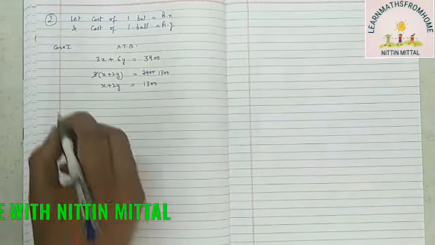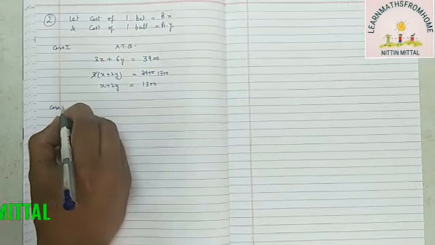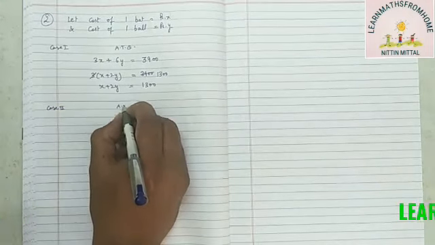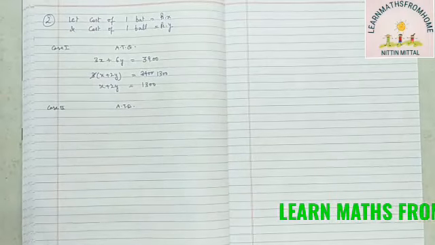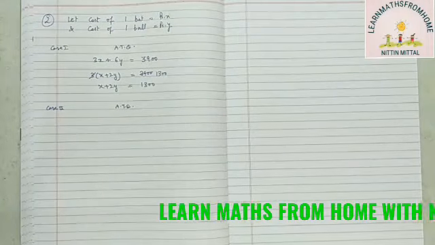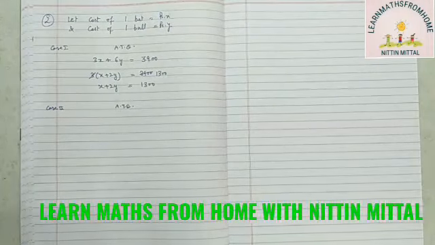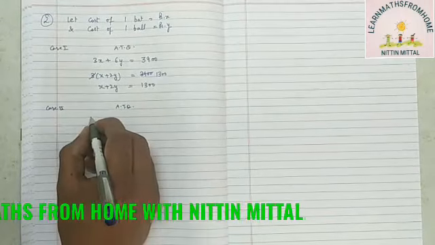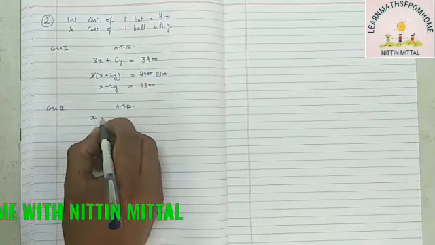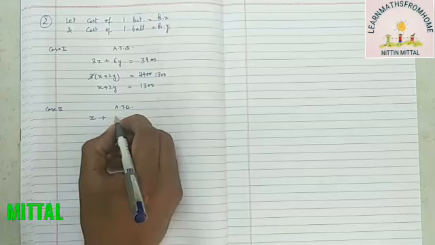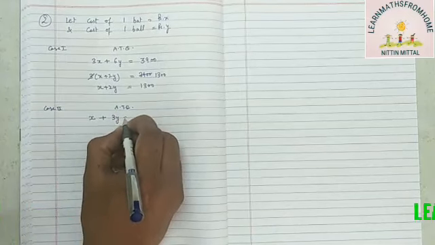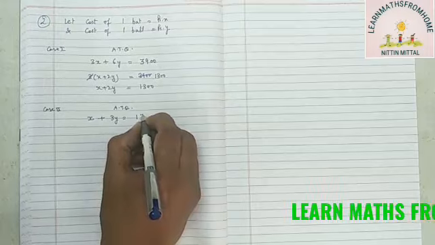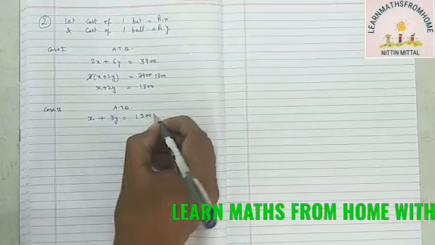Now in second case they are saying, case 2 according to the question. Now another bat and 3 balls of same type, same quality, same brand. So one bat is purchased, so one bat cost is x rupee, 3 balls, one ball y rupee, so 3 balls 3y. Total bill comes to 1,300 this time.